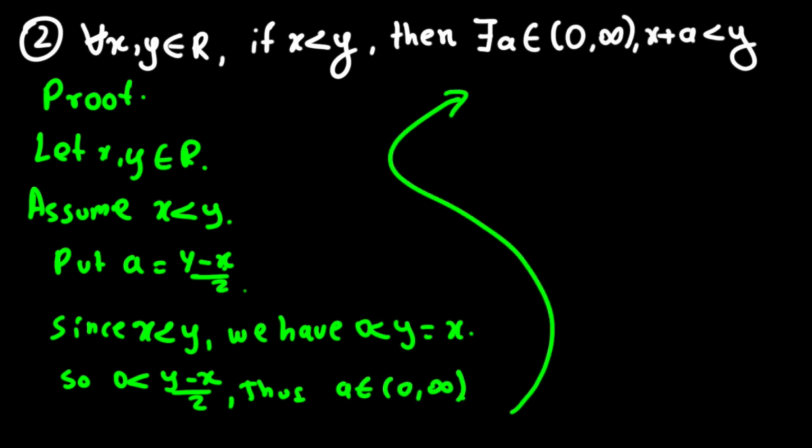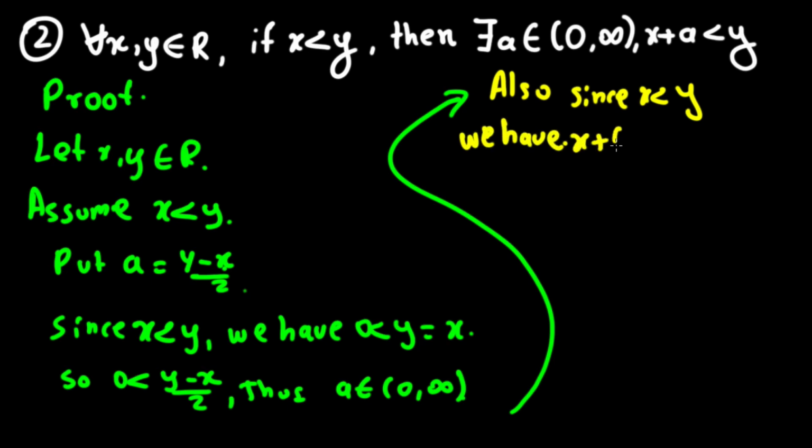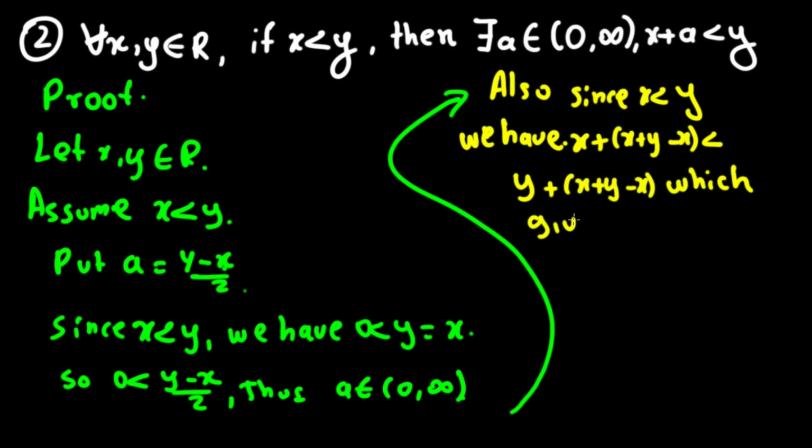Let's continue here. So we also, since x is less than y, have x plus (y minus x) less than y plus x plus (y minus x), which gives us 2x plus (y minus x) less than 2y.